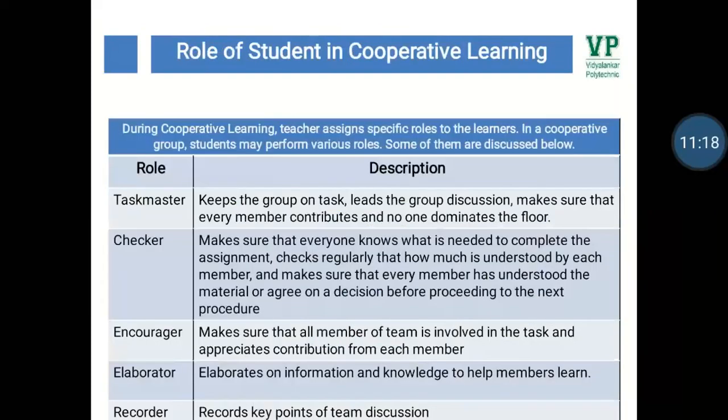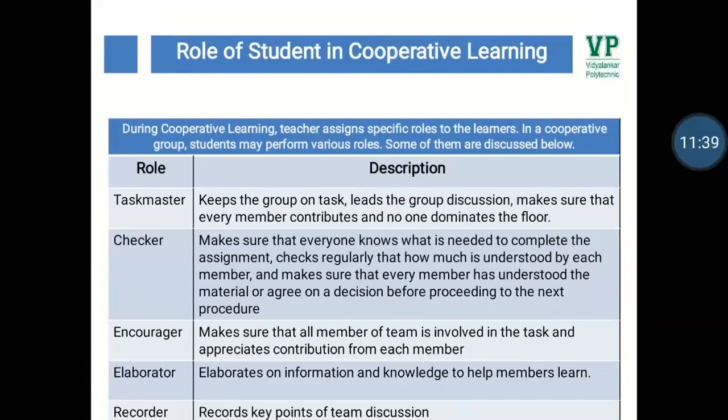We have already discussed what the role of the teacher in cooperative learning will be. Now let's understand what the role of the student in cooperative learning will be. During cooperative learning, the teacher assigns specific roles to the learners.